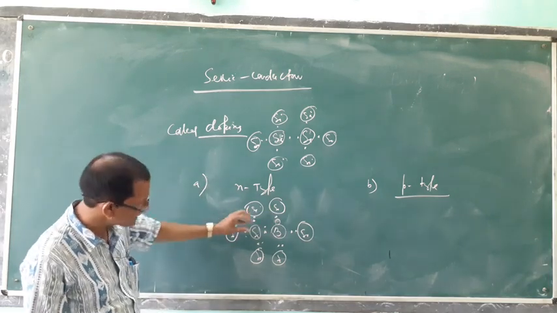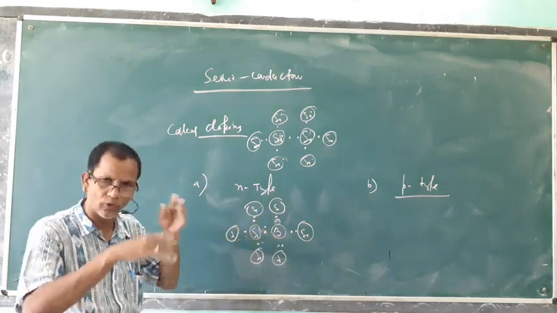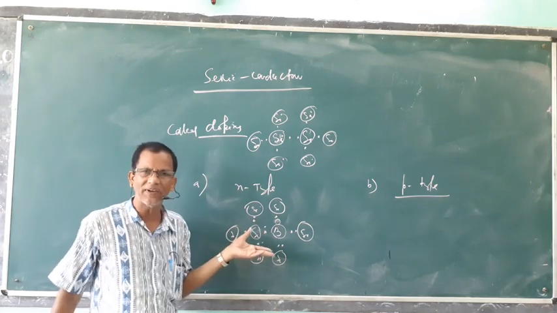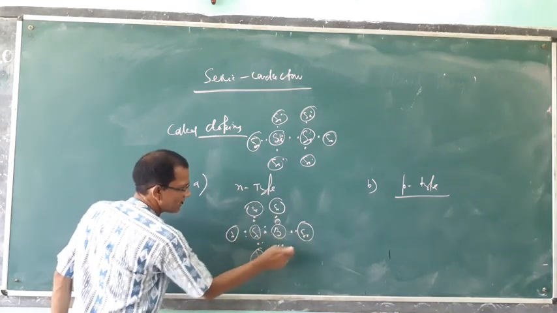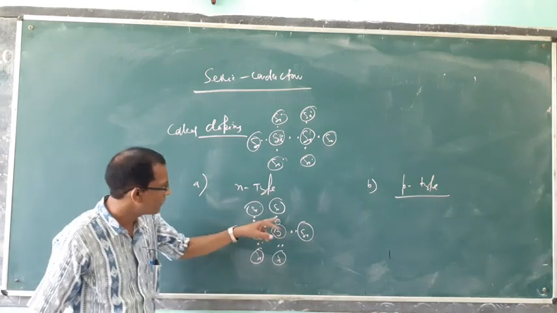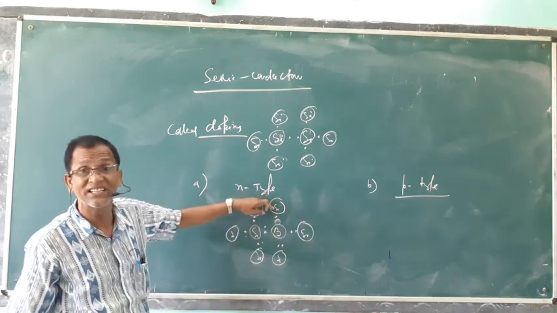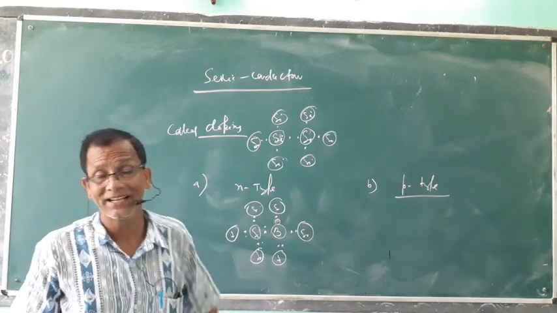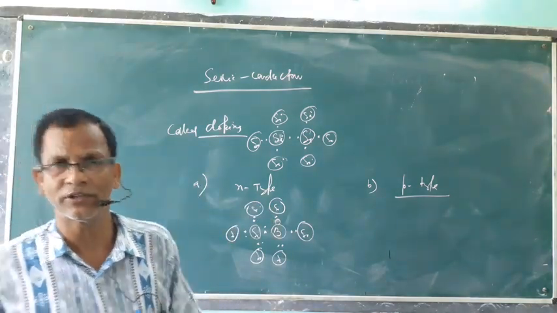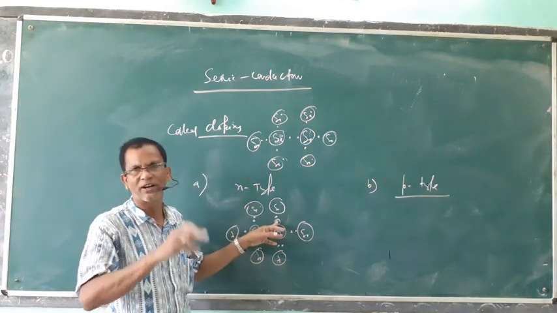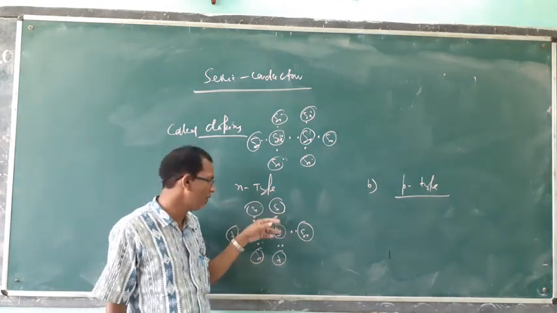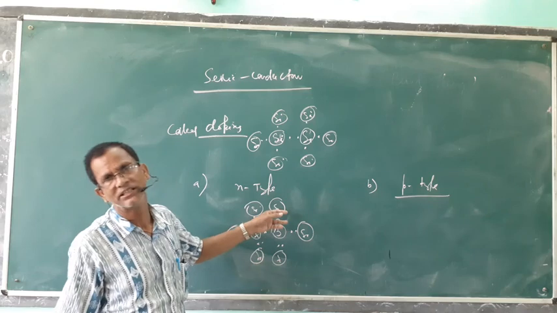That means around boron, when boron is added, boron has 3 valence electrons. So 3 valence electrons will form 3 bonds with adjacent silicon. Then for the 4th silicon, boron has a deficit of electron. So boron has 1 electron deficit for the formation of covalent bond with adjacent silicon.